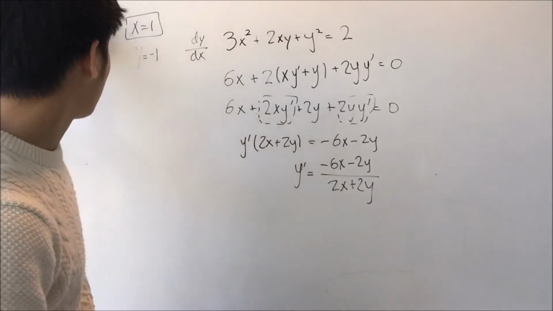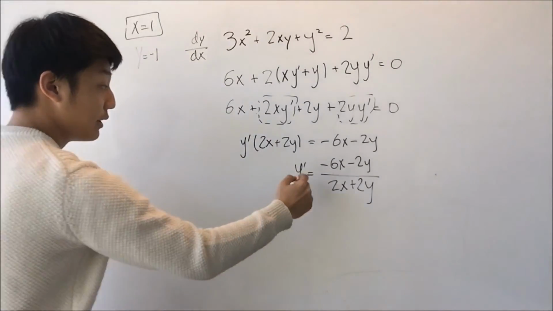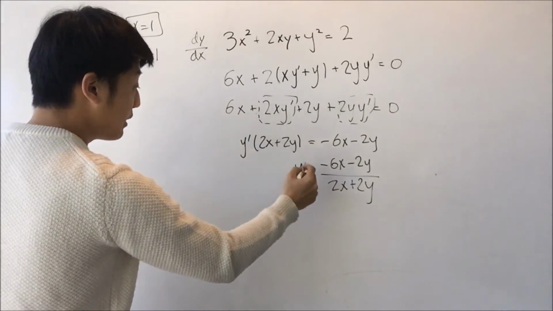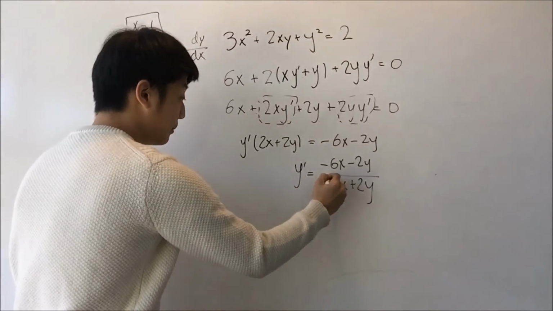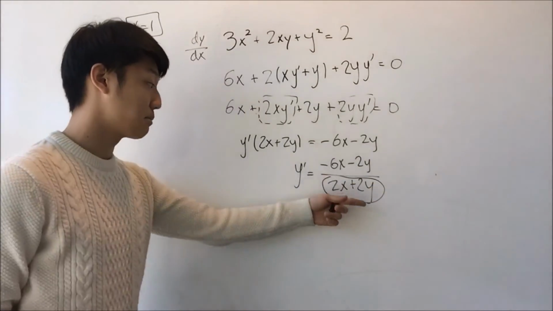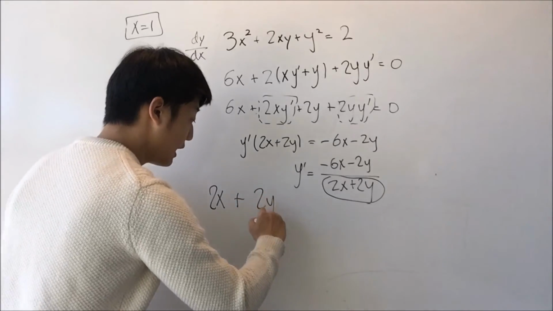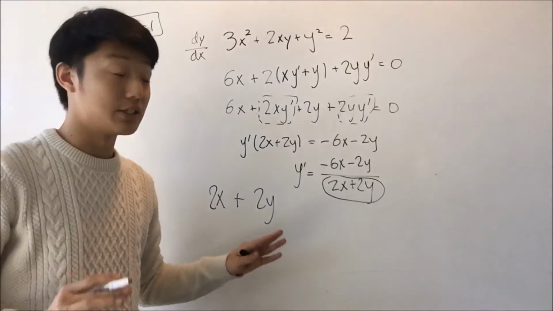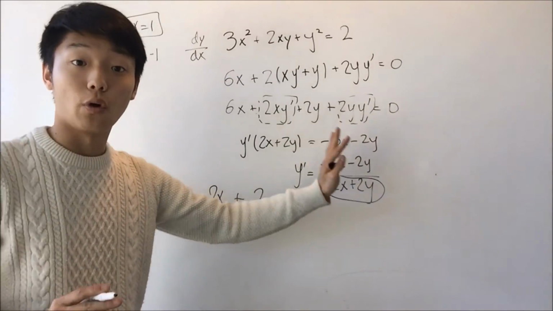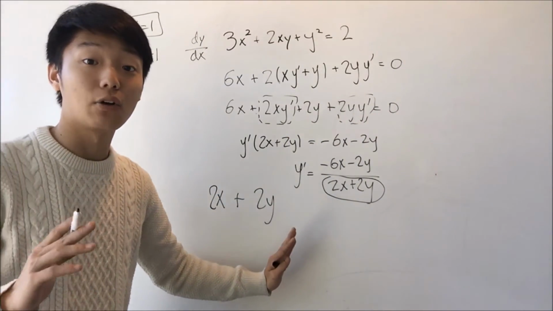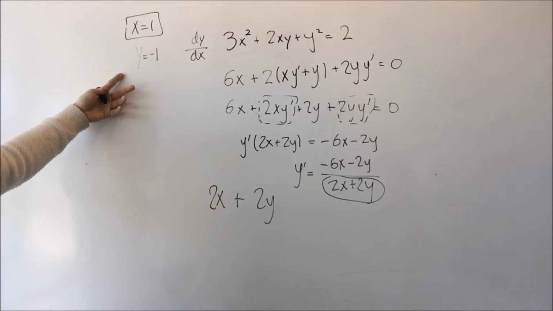Now, we can just plug in these given numbers here. So, it'll be 1 and negative 1. However, you have to notice, look at the bottom. It's 2x plus 2y, right? In a real test, you have to plug in every single thing to solve for the answer. However, this is now looking obvious because we have x equal to 1 and y equal to negative 1.